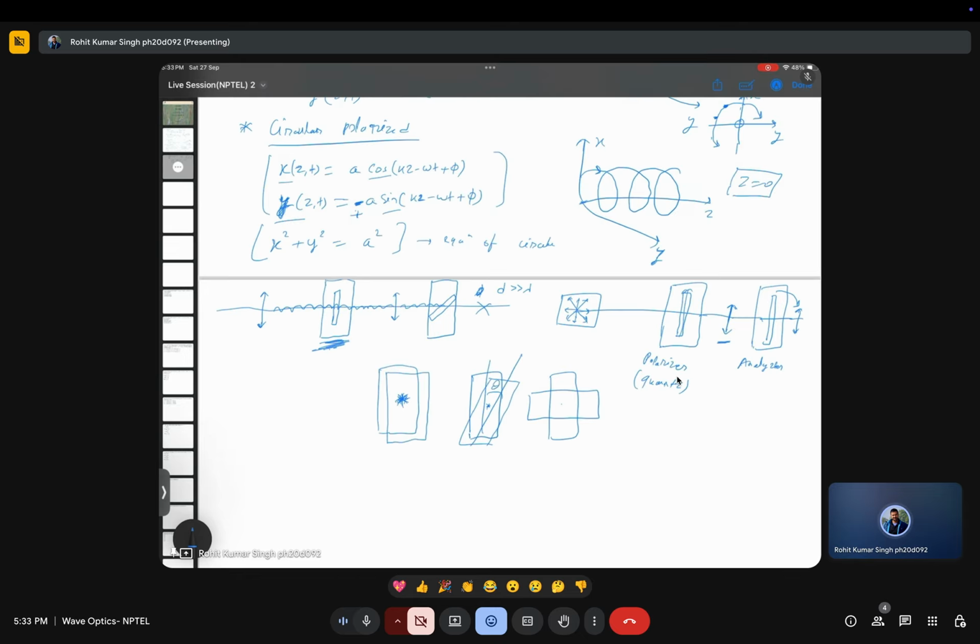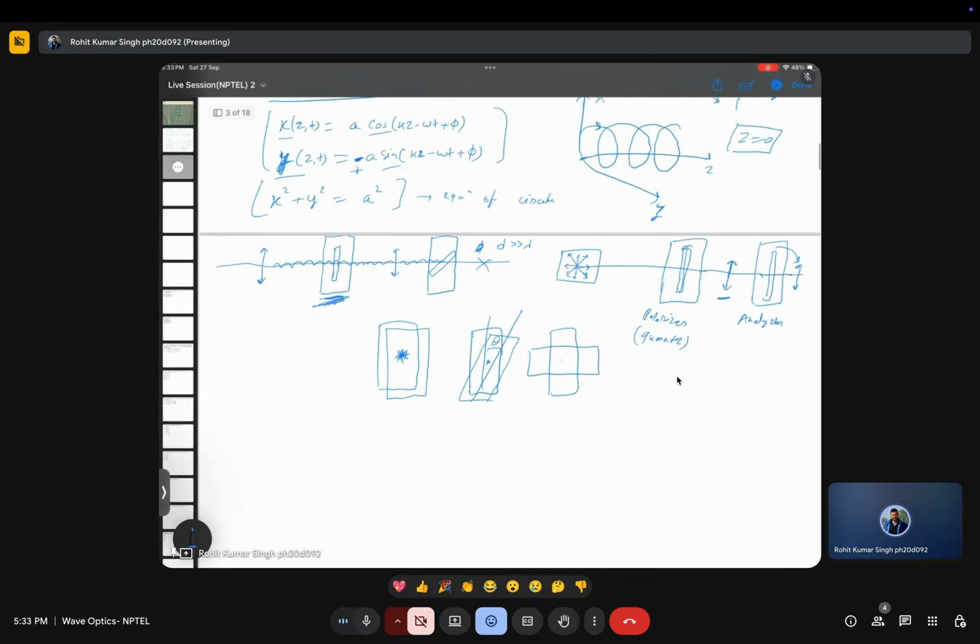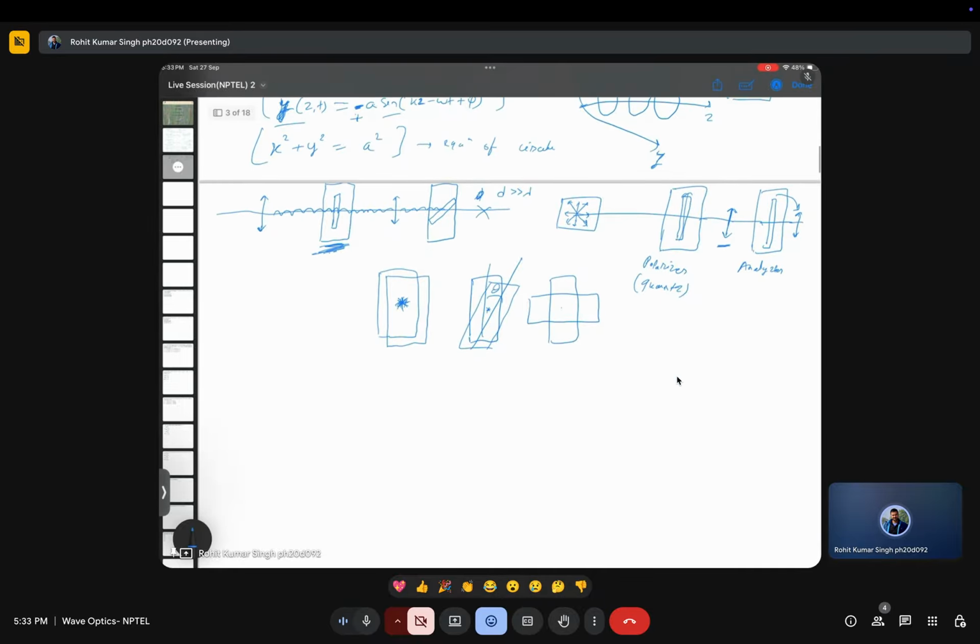So there is an angle, theta. Anyway, this we will also study later. It's called Malus's law. It has a formula also, but we don't need it here. I just wanted to introduce this concept of polarization.